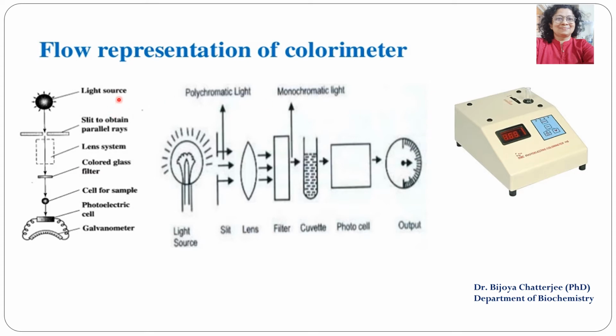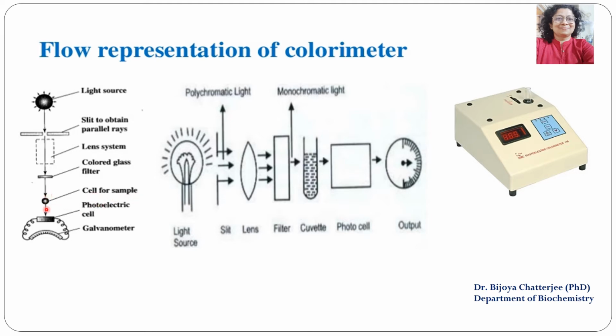So generally we have a light source which will throw light in the visible range. That means all the 7 colors of VIBGYOR, which will pass through this slit, and then from this slit all the light rays will be condensed onto a colored filter, which is also known as monochromator. It is made up of colored glass, and then this light will fall on the cuvette, the cell in which the colored solution is present.